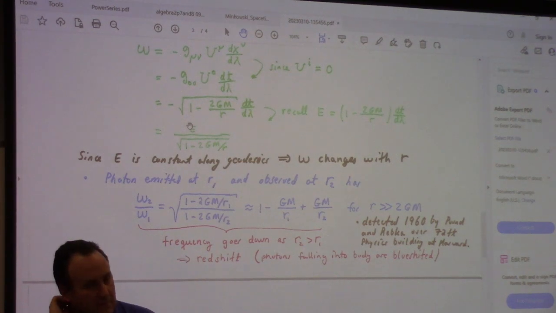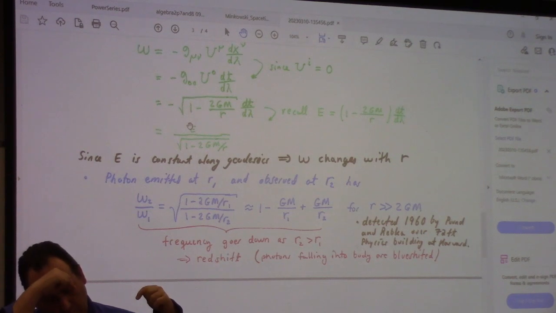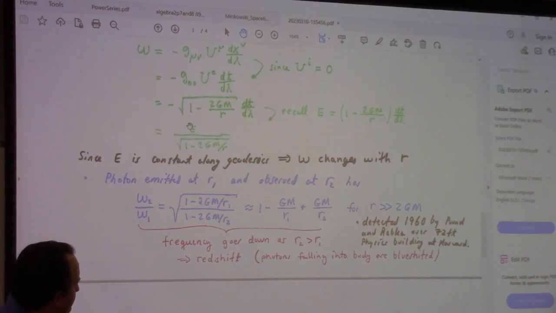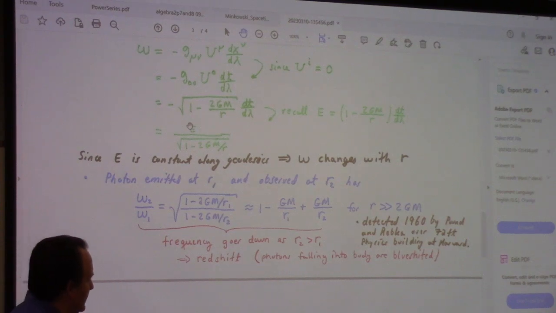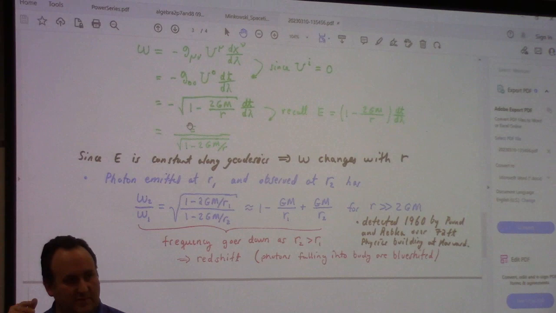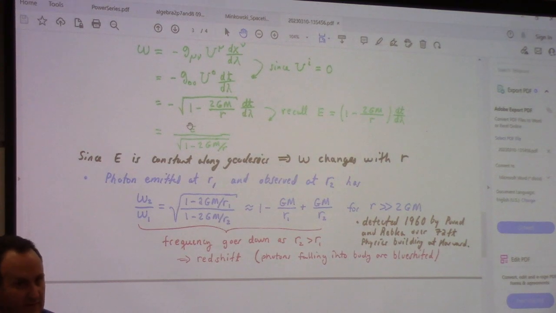On the other hand, if you reverse the story, then you have a blue shift, right? Photons falling into a body are blue shifted. For example, if you shoot photons into a black hole, they get higher and higher frequency as they approach the event horizon, and so forth. But anyway, that is a story for another class.